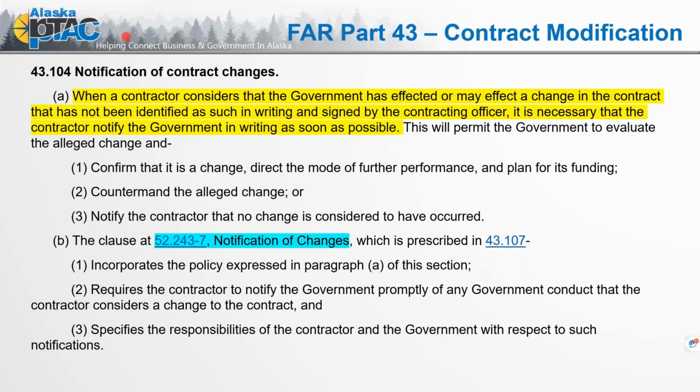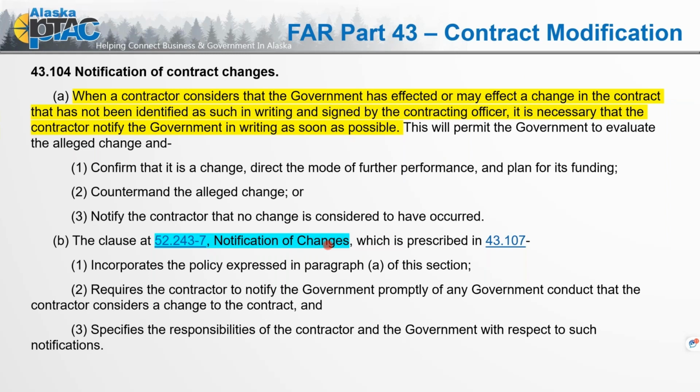Whenever we have a FAR part that's anything other than 52, which is our clauses and provisions, this is the descriptive explanation. This is defining it for both the contracting officers and the contractors: here's how the process is outlined. The FAR clause actually makes that process a part of your contract and contract compliance.